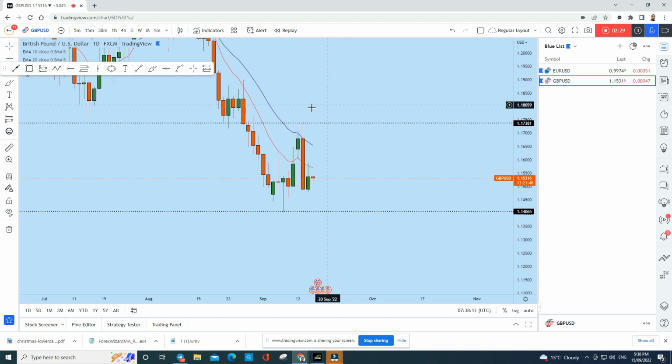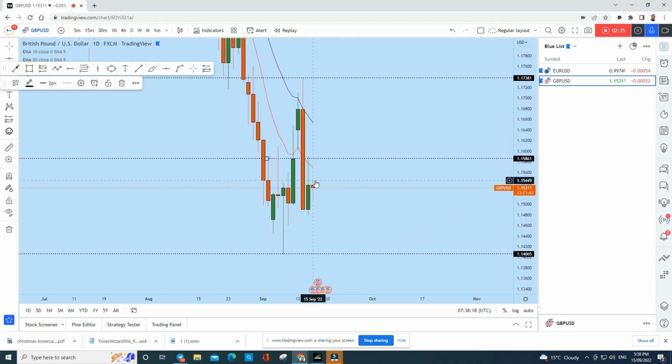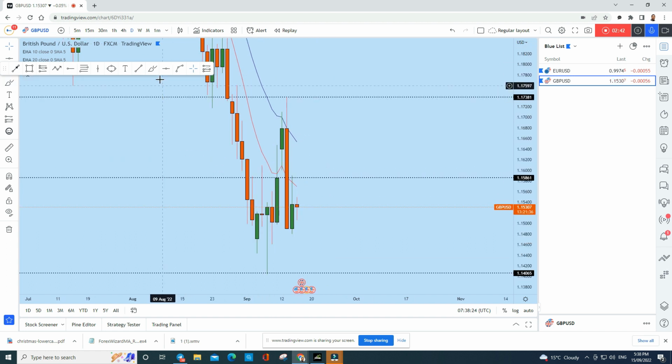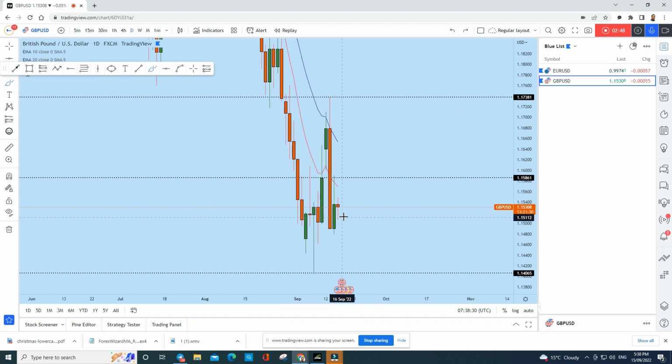It's also a rejection from this important level of resistance. There is a gap opening, and on the daily perspective the price tested this resistance and we have seen a rejection. That means the sellers started to sell in this zone. Today, as soon as the market opened, we have seen primarily a drop. Now the price is going up for a retracement, which may give us a significant selling opportunity.